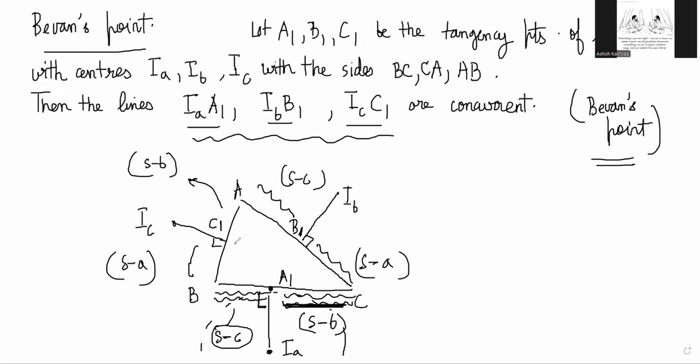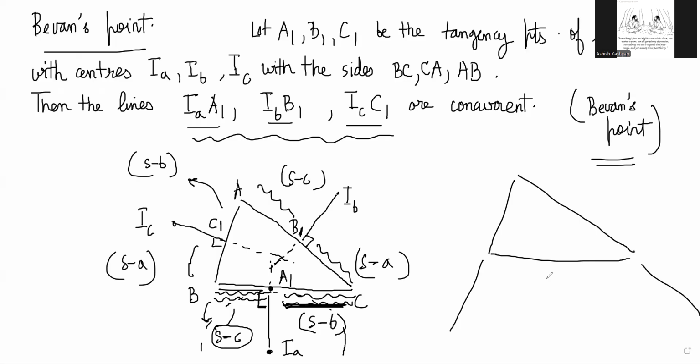By Carnot's theorem, it is direct that these are concurrent. Do you understand what I'm saying? You need to be able to prove that the distances are these, which is an easy proof, and you need to know it from SL.